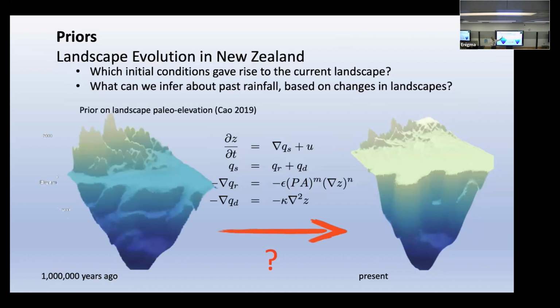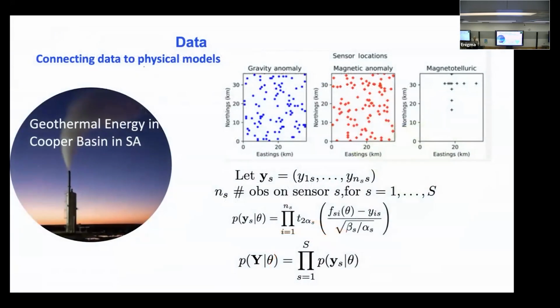I've listed a reference to one of them, and we use that as our prior. You have to be, so here you can see there's no way you can try and reproduce this without quite a strong prior, because it's just a very complicated surface. The data you only have is this data here, and we also had sediment deposits. But using these forward models, we should be able to infer what it looked like all this time ago, and also what the parameters of those particular forward models are.